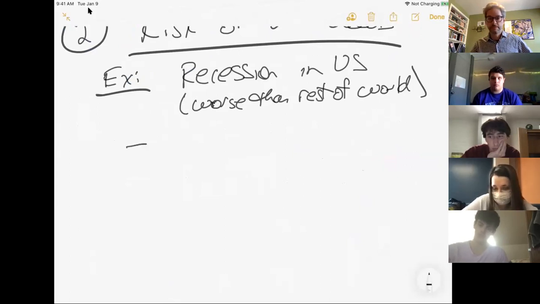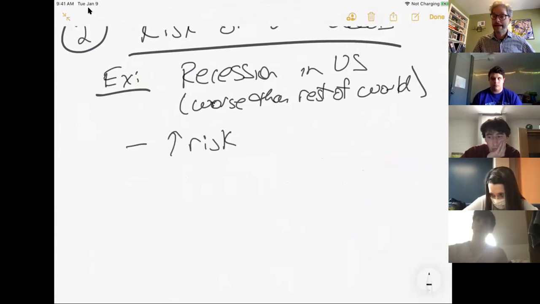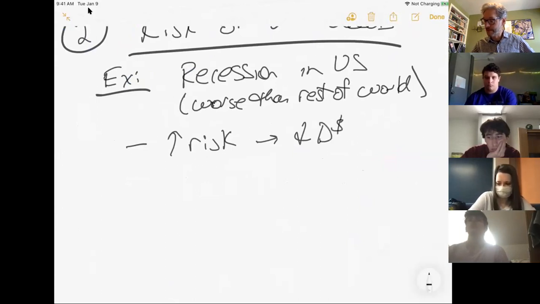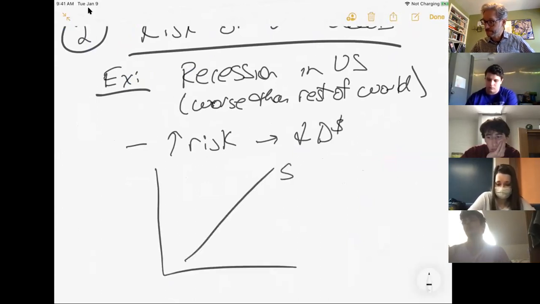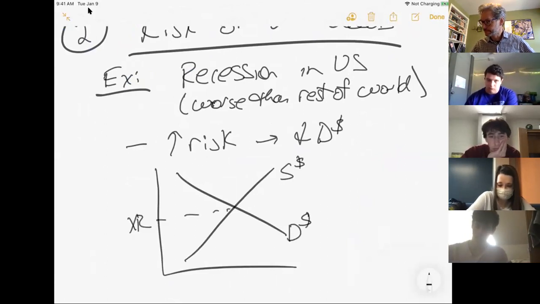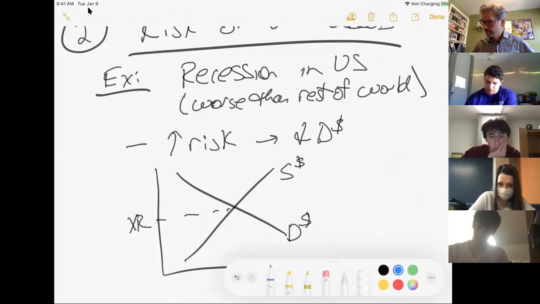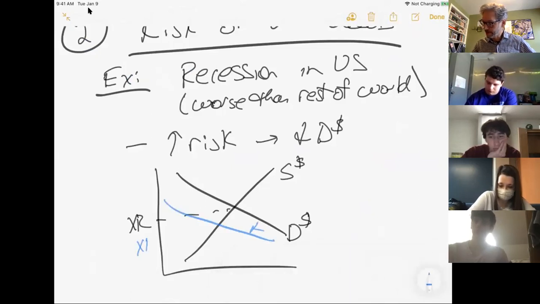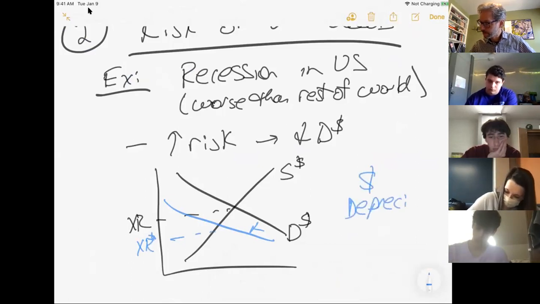What would this do to the value of the dollar? Well, this is obviously an increase in risk. If the recession deepens, buying a US bond or buying US assets looks riskier. And so this is likely to reduce the demand for the dollar. And if the demand for the dollar goes down, the dollar is going to depreciate.